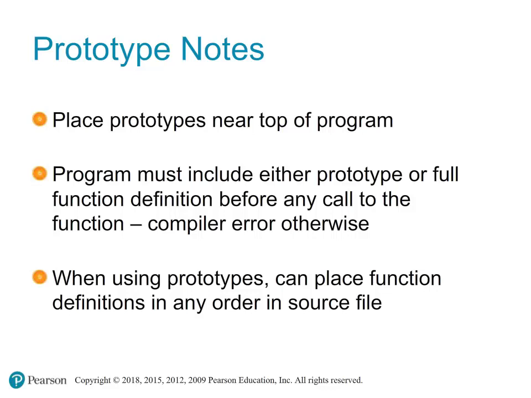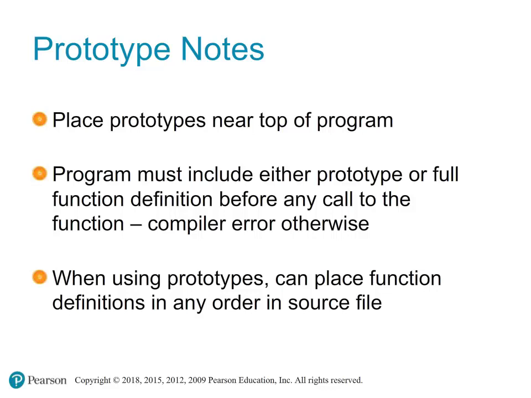Before calling a function, the program must include either a prototype or the full function definition. Failing to do so will result in a compilation error. When using prototypes, you have the flexibility to place the function definitions in any order within the source file. The compiler already knows about them thanks to the prototype.